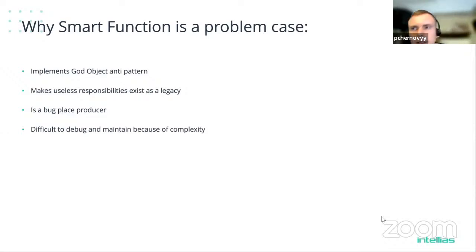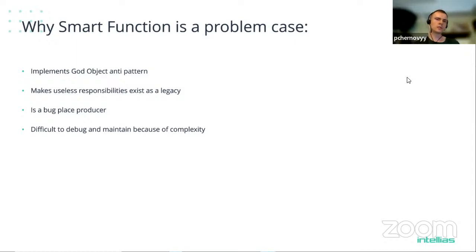So let's have a look into why this smart function is a problem case. Even though such a function was used with a small router, which we saw at the beginning, it implements the God Object anti-pattern, right?